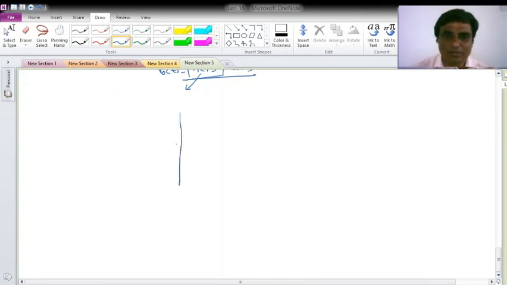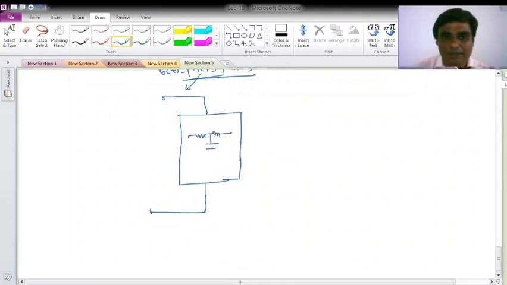This again can be explained that way. Suppose I have a two terminal network like this, and it consists of many resistors, inductors, capacitors. Suppose this is my I and this is my V across it. So this can be used in the context of the admittance and the impedance operator.